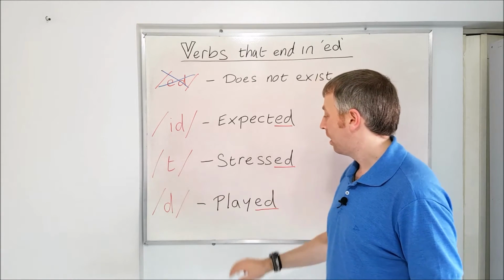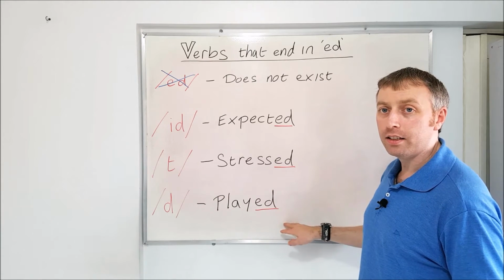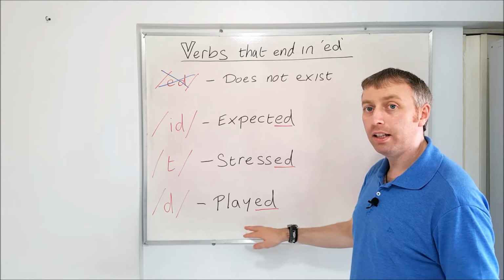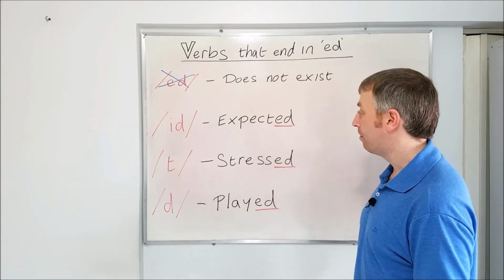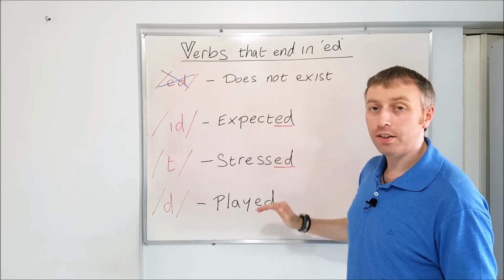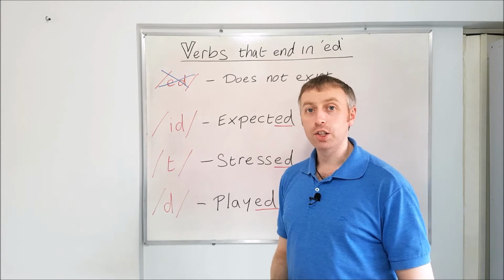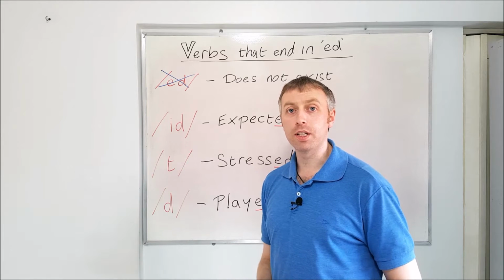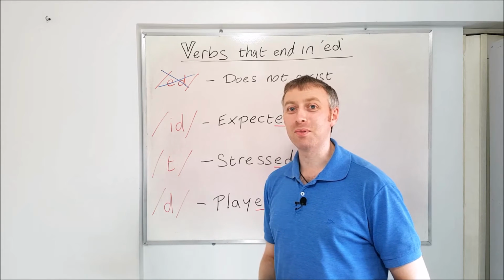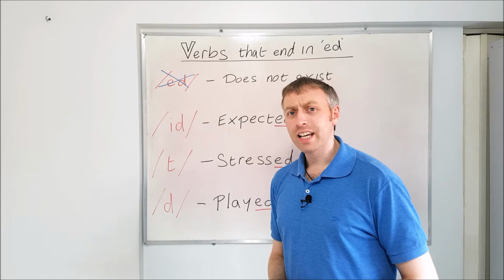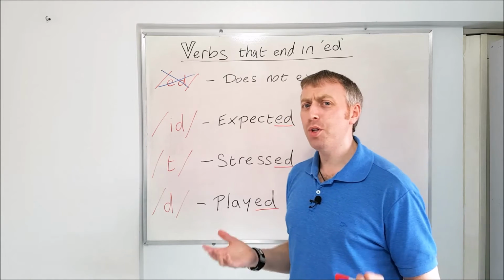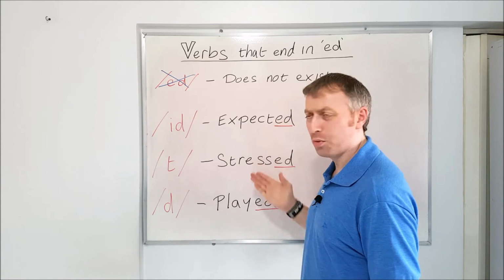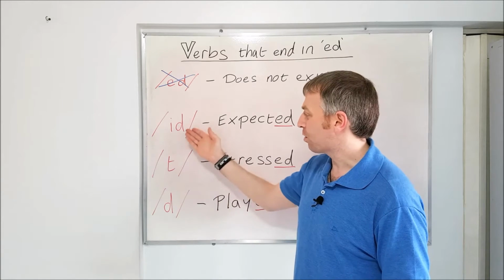Stressed. Played. Listen to the d. Played. So these are the three sounds that you will use when you're using verbs in the past participle, regular verbs in the past participle. Now, how do you know which word has which sound?